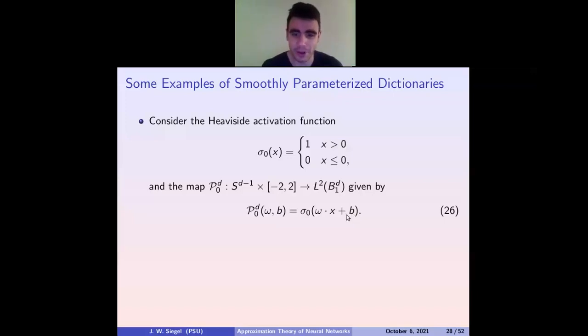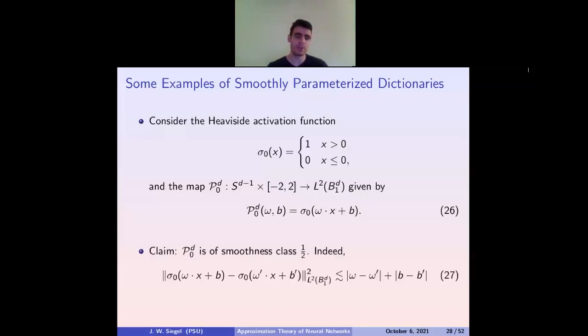You then get this map from this d-dimensional manifold into L2, and you can verify that this map is of smoothness class 1/2. What that means essentially is that the map is 1/2 Hilbert continuous. This is a calculation you can do if you look at the difference. This difference is basically 0 outside of a set of width given by the difference between these two parameters, omega minus omega prime and b minus b prime.